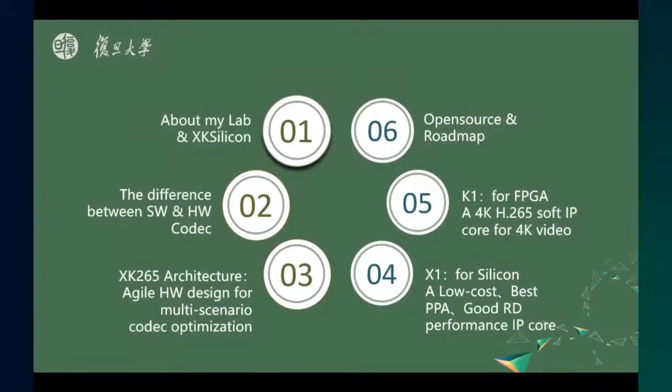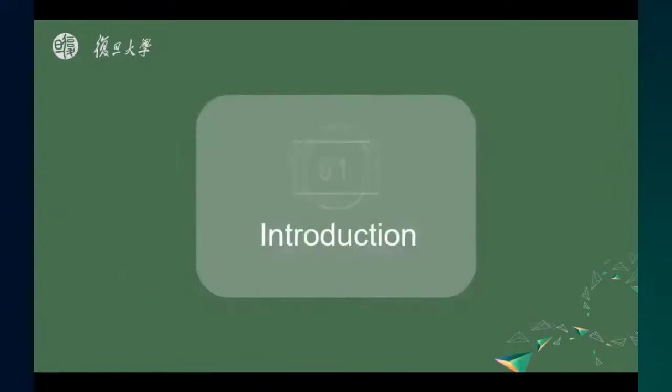The K1 is a 4K H.265 soft IP core for 4K video in FPGA. And last, I wanted to introduce our open source roadmap. Okay, let's start from the introduction part.